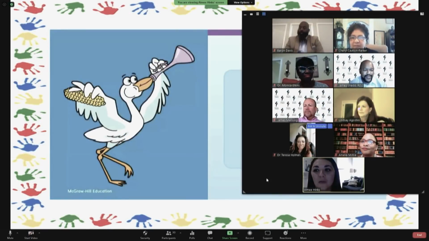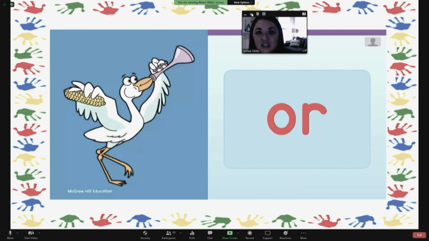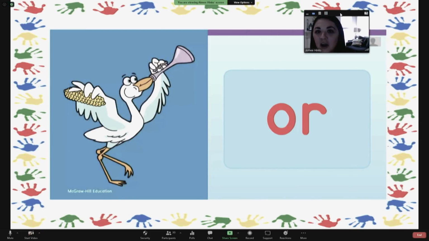Last week, if you remember, we learned about the stork card, and the stork card reminds us of the OR sound, spelled O-R, and you guys became experts at reading words with the OR sound in them and spelling them. And so now we are going to introduce a new sound spelling card. If you were able to watch the video in step 1, you already know what that sound spelling card is.